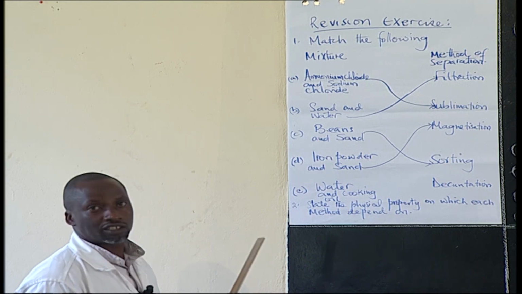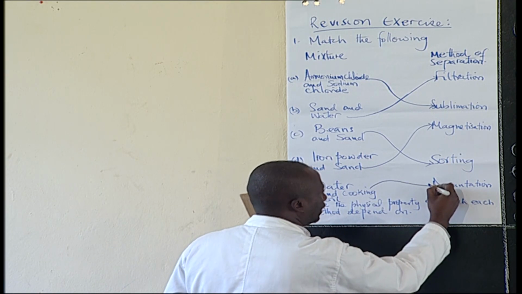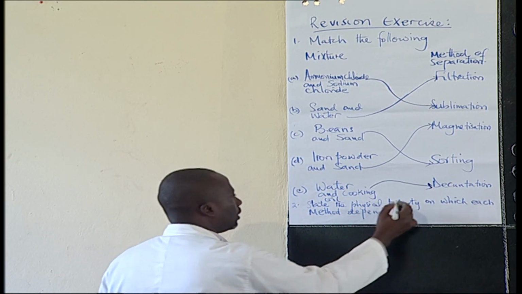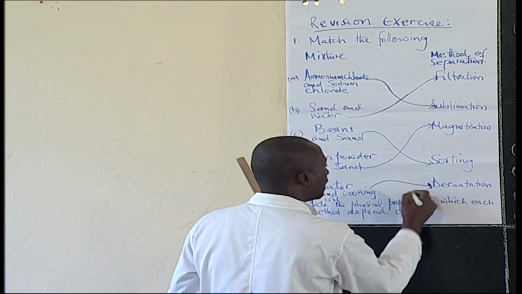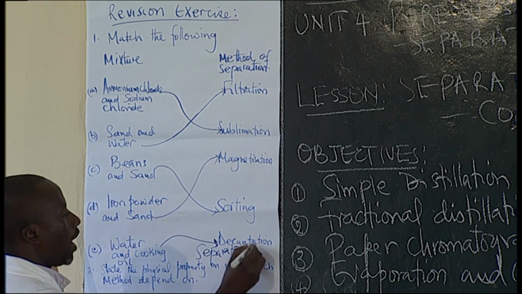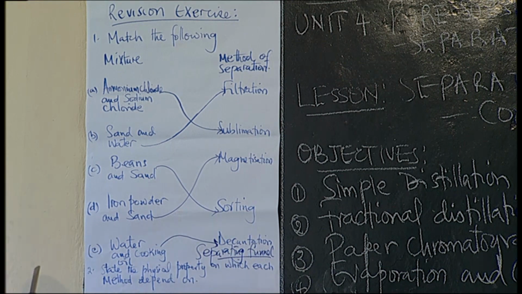So the method that remains is only decantation. And we said here with decantation, we are using a separating funnel. You remember we looked at this together when we were separating water and cooking oil. So this is called decantation or use of a separating funnel.